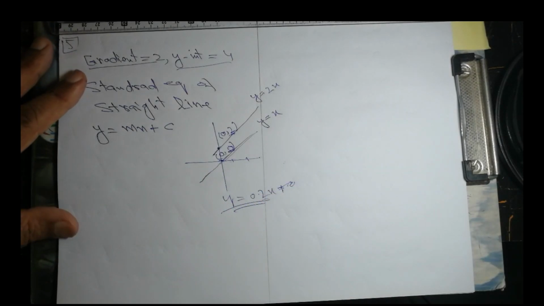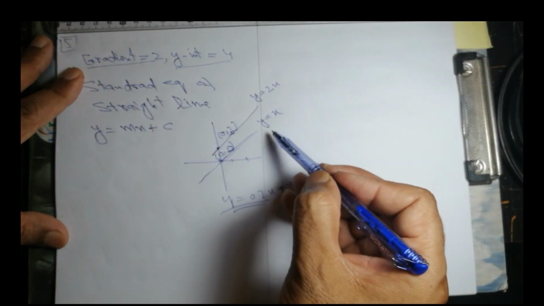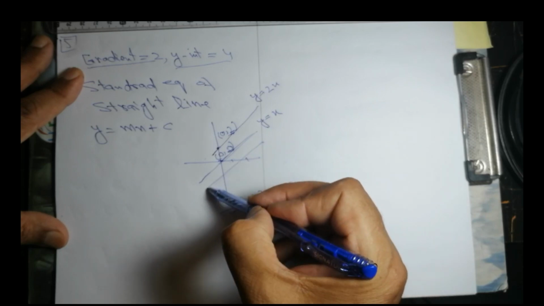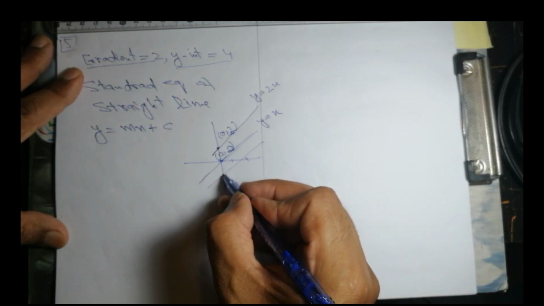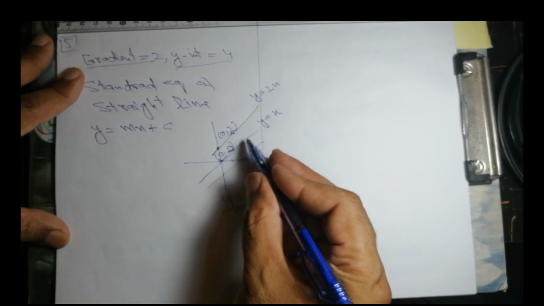So you can get a nonzero y-intercept only if the line is not passing through the origin. It should intersect the y-axis at some point other than 0, 0.